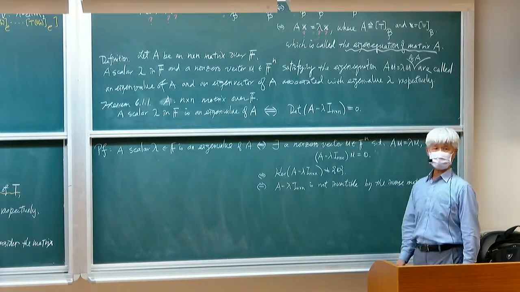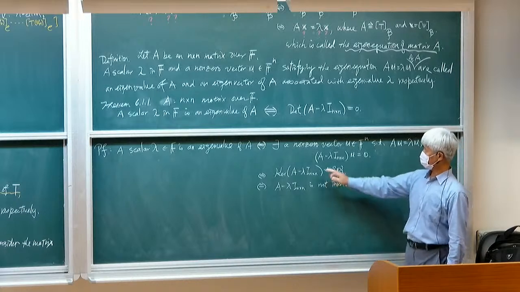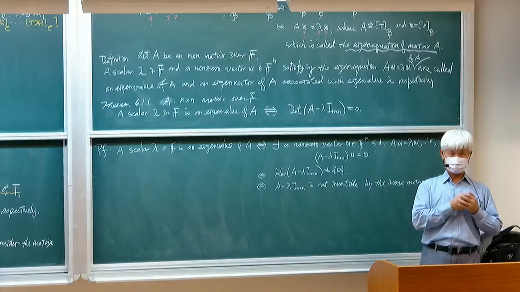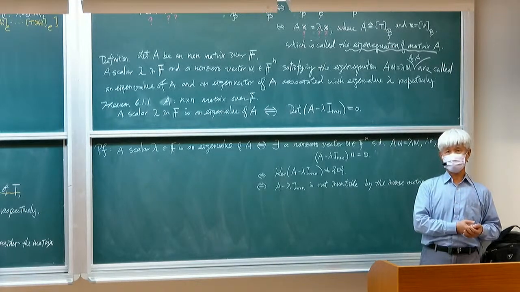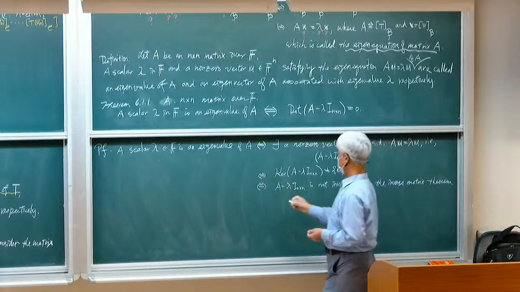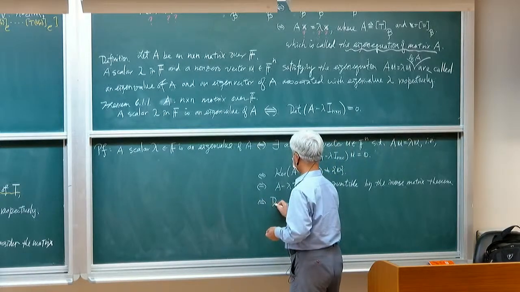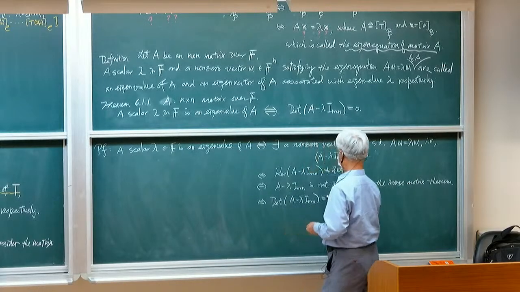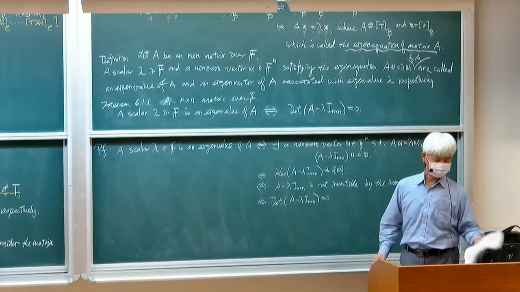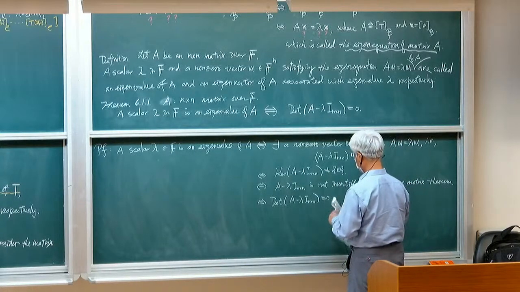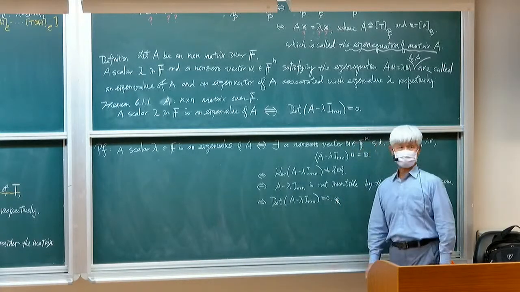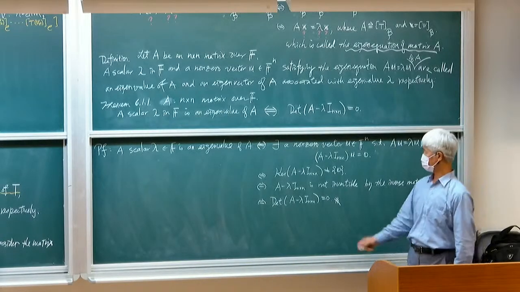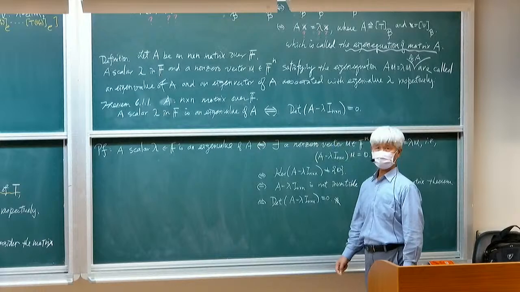In chapter 3 we know that if the kernel of a matrix is non-trivial, then the matrix is not invertible. And if a matrix is not invertible, then its determinant is 0, as we know from chapter 4. So we prove the theorem here.